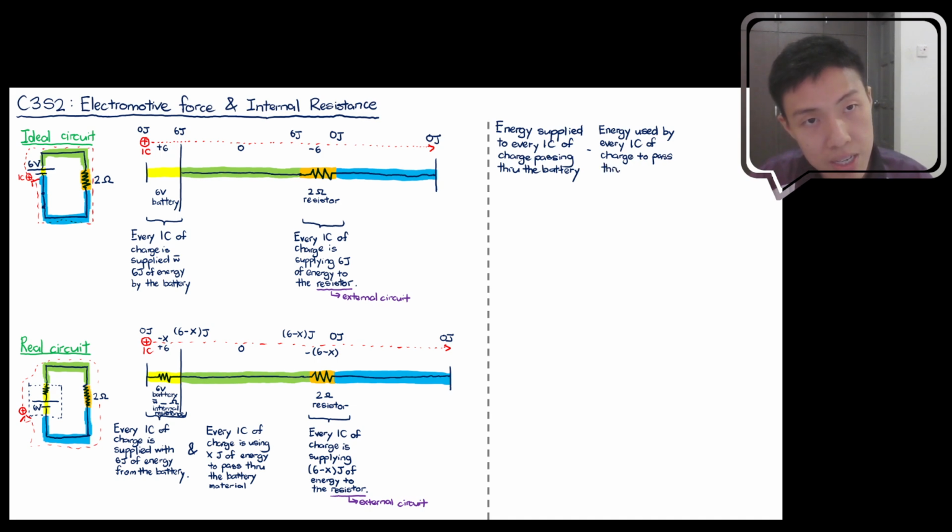Okay, as I said just now, batteries have different materials inside. Those materials are not perfect conductors, so they need some energy for the charge to pass through. They take up some energy to pass through the battery material. Then only the rest of that can be available for the external circuit.